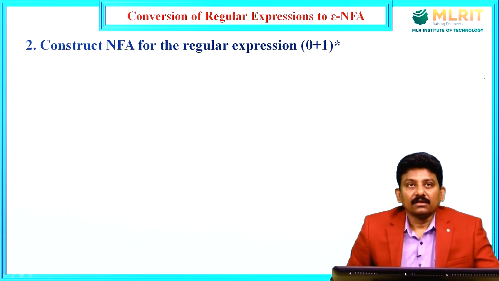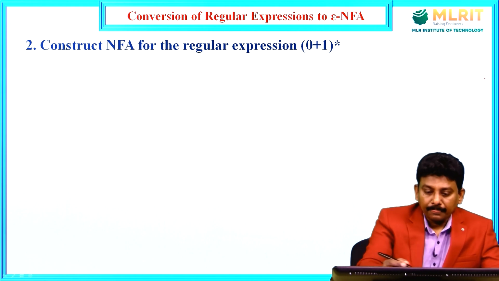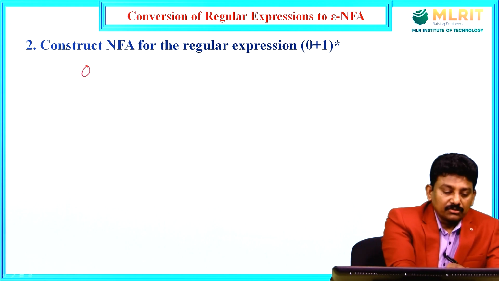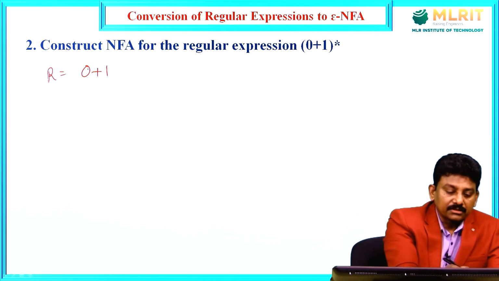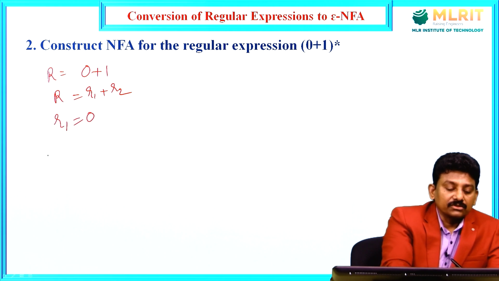Next, construct NFA for the regular expression 0 plus 1 whole star. First, the regular expression R is 0 plus 1, R is equal to R1 plus R2, where R1 is equal to 0 and R2 is equal to 1.